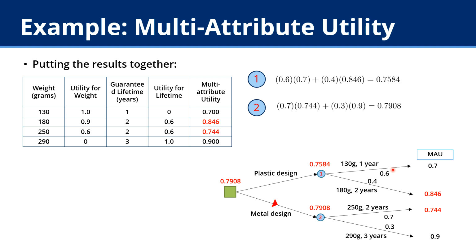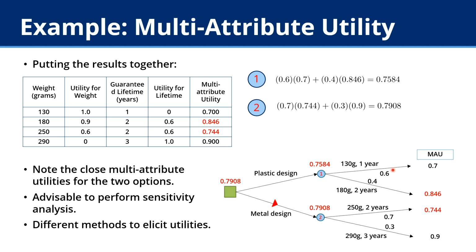Note that based on this analysis, the difference between the multi-attribute utilities for both of these options isn't very large. I'll highlight this piece of information about decision trees, which I've said multiple times. You don't have to follow this literally, but the fact that you put things down in a decision tree and can map out the different chains of events is in itself extremely valuable.